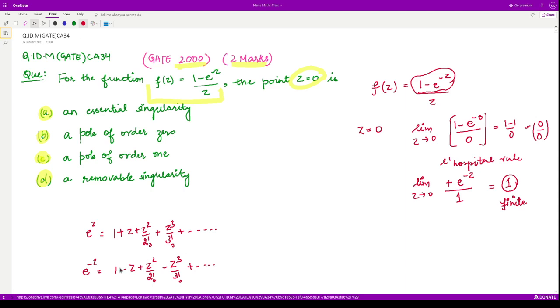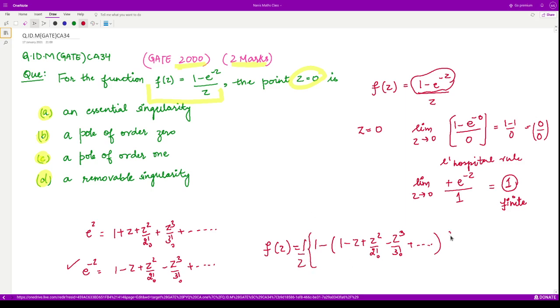So when we substitute this series into the given function, our function would become 1 minus this series, so it would be 1 minus 1 minus z plus z square by 2 factorial minus z cube by 3 factorial and so on, right? And we have divided by z.